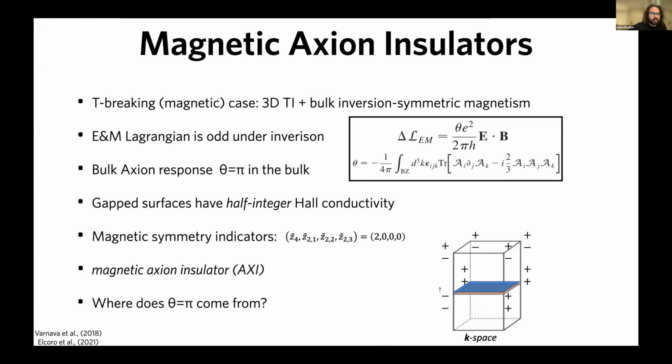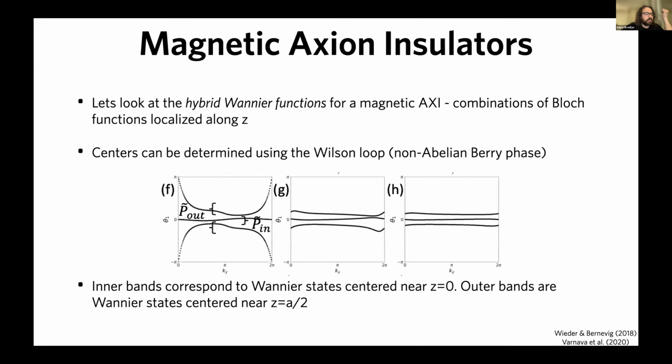We can give a good conceptual picture of why this magnetic axion insulator has theta equals pi by going back to this Wannier function based description that I introduced earlier. So let's try and look at the hybrid Wannier functions for a magnetic axion insulator.